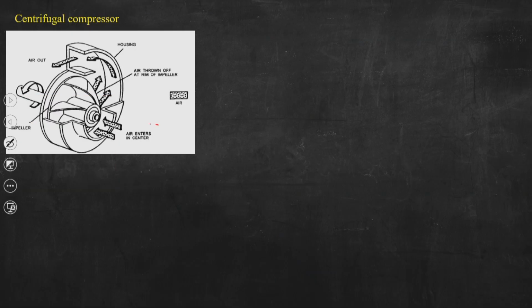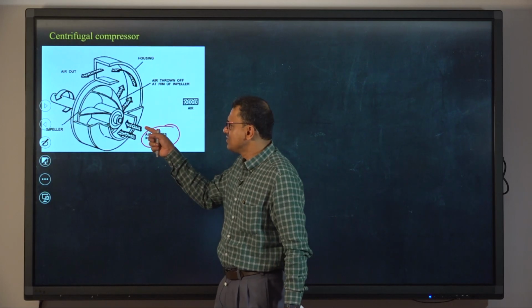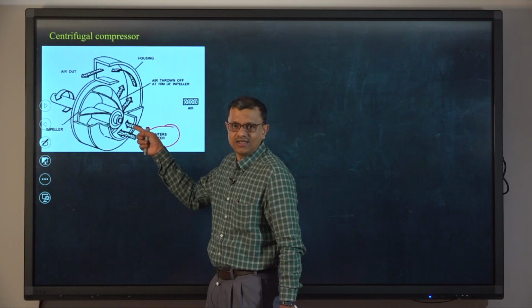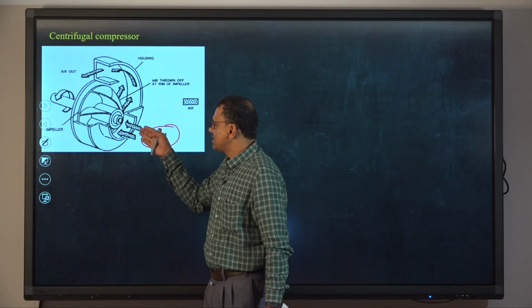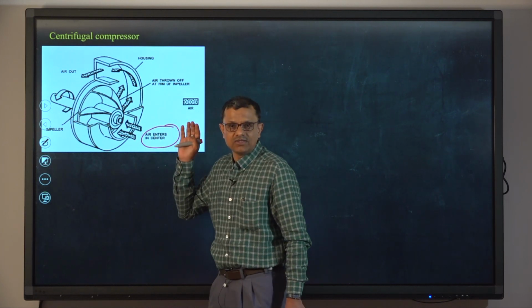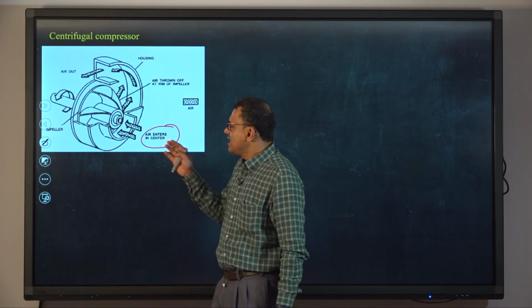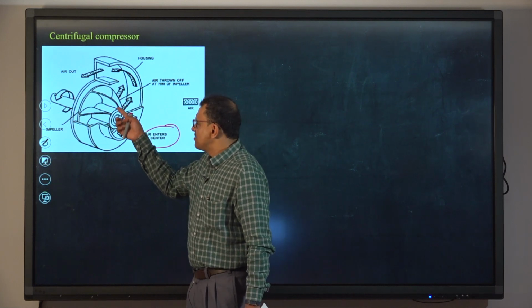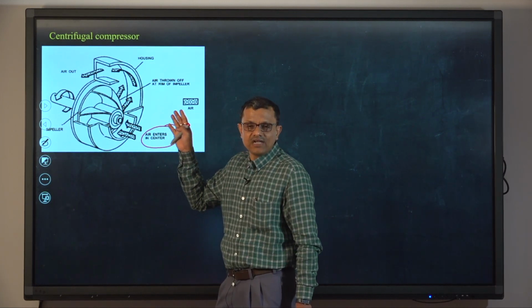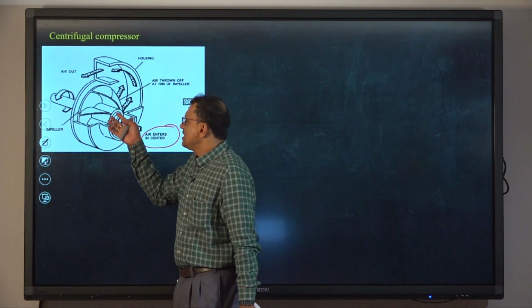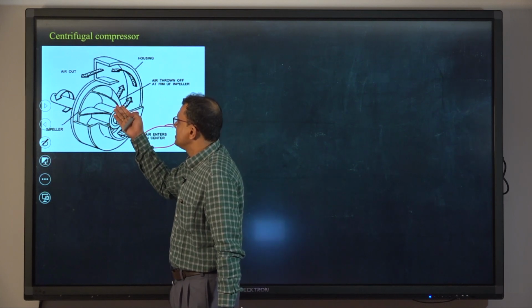This is the direction of air entry into the machine. Air enters in a direction which is known as the axial direction. This is the axis of the machine. So, parallel to the axis of the machine, air enters into this device, and then the blades or vents are rotating, and eventually air is discharged in the radial direction.